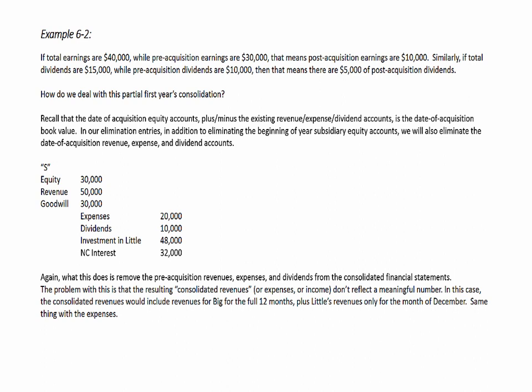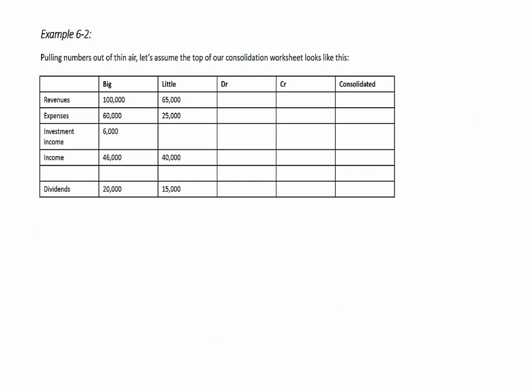The consolidated expenses will include Big's expenses for the entire year plus Little's expenses only for 1 month. So the resulting total consolidated revenues and expenses, and therefore income, are not useful for projecting or estimating or extrapolating future revenues, expenses, and income.